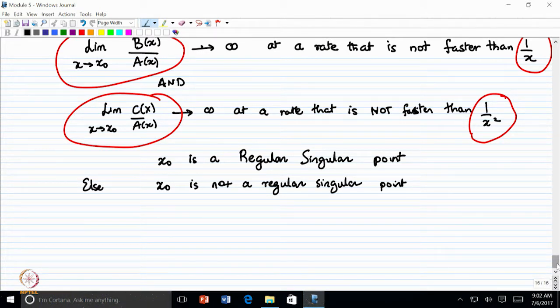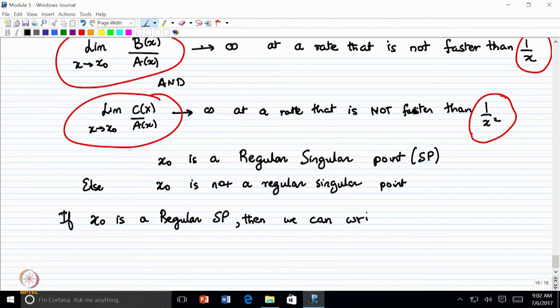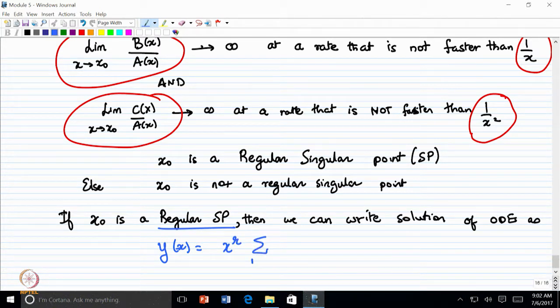For a regular singular point, I will just use the notation SP, we can write the solution of the ODE as y of x equals x raised to r, sum over n equal to 0 to infinity a n x raised to n.